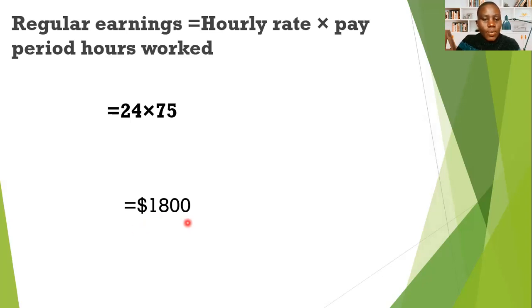Here we get $1,800 wages per pay period, which is after 2 weeks, and the hourly rate is $24. This one earns more than the previous person who was earning only $19.50.